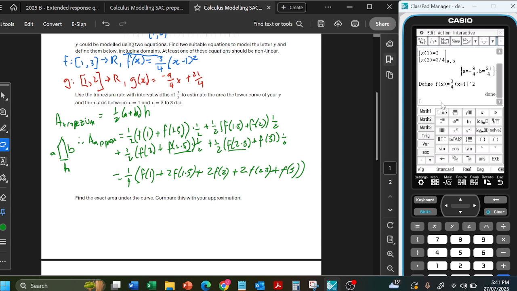Then we're going to type in this little formula that I've worked out here, that I've simplified. So the simplified formula is 1 over 4 times f with an input of 1 plus 2 times f with an input of 1.5 plus 2 times f with an input of 2 plus 2 times f with an input of 2.5 plus f with an input of 3.